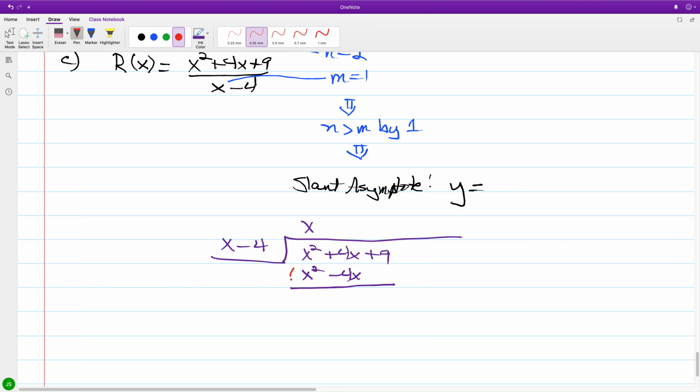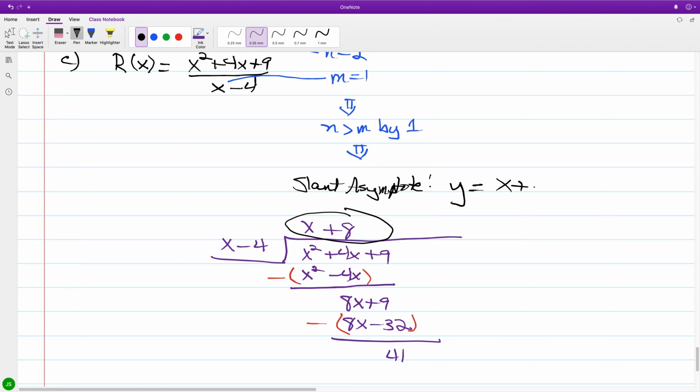Taking the difference, x squared goes out, and 4x minus negative 4x changes to 4x plus 4x, which is 8x, and we have plus 9. x into 8x is 8, and distributing, we have 8x minus 32. We're not concerned with the remainder, but 8x goes out, and the remainder in this case is 41. For the slant asymptote, from the quotient, y is equal to x plus 8.